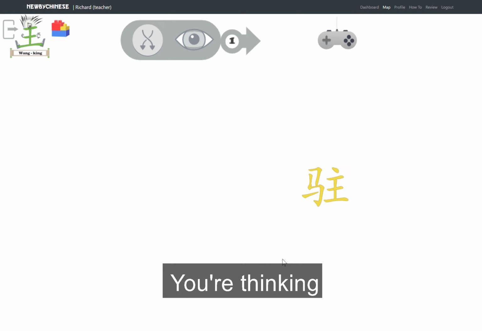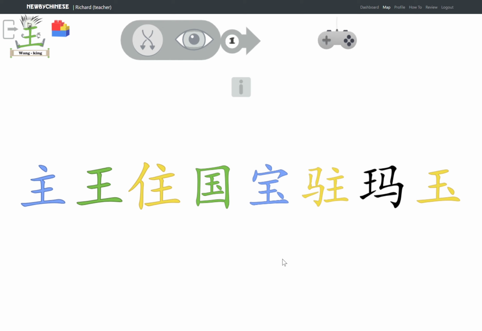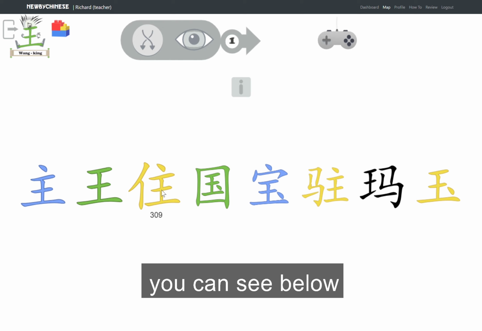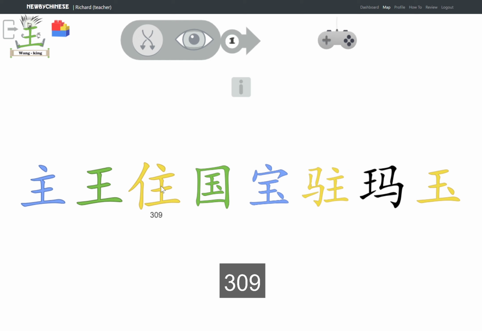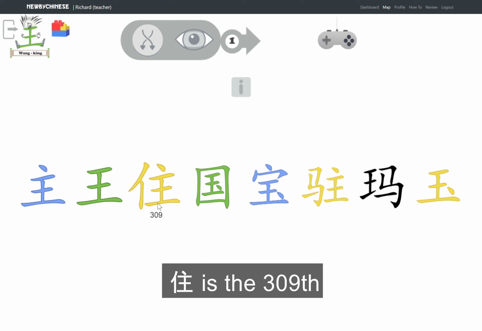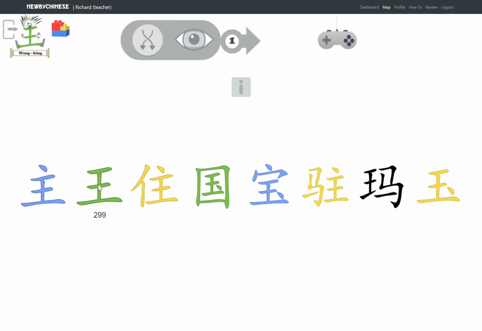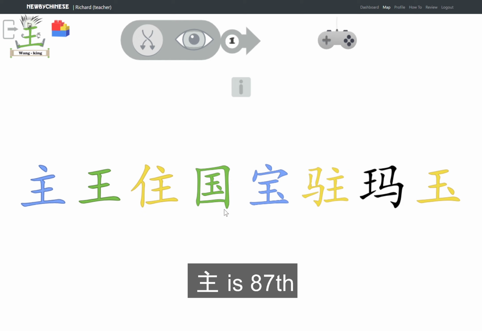Now, right about now, you're thinking, I'd never teach these characters in first class. But why not? These are the numbers. These numbers you can see below. So in a frequency analysis of Chinese characters, Zhu is the 309th most used Chinese character. Wang is 299. Zhu is 87.